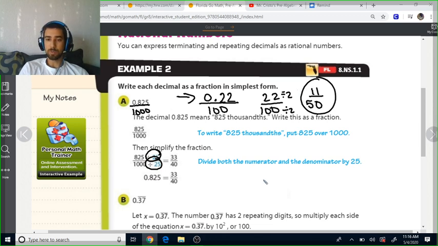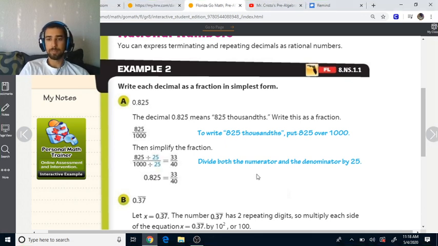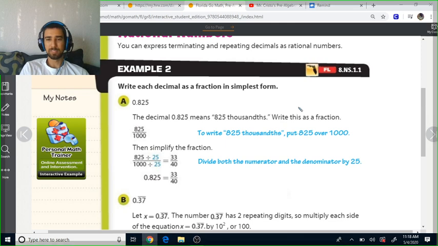Okay, I'll give you one last one to try by yourselves. Actually, there's going to be some on the next page. One more. Turn this decimal into a simplified fraction.